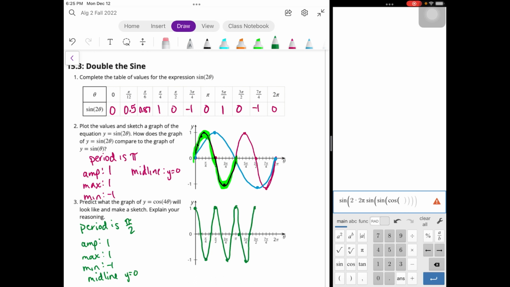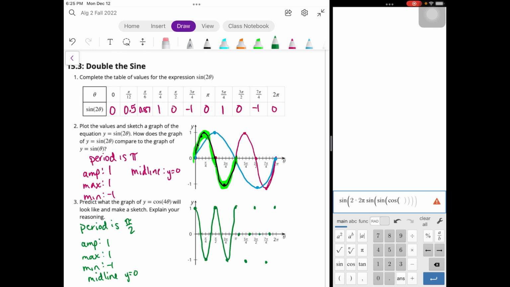Again, I'm not great at this. That looks horrible, that's okay. Just do your best, and I'm going to try to fix that part too.